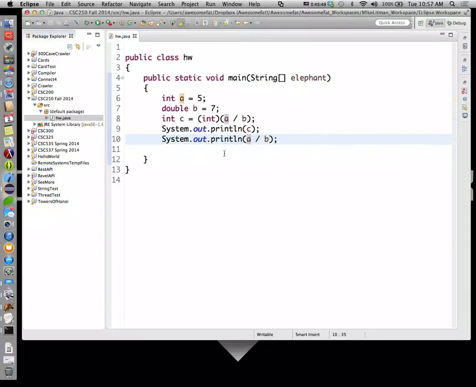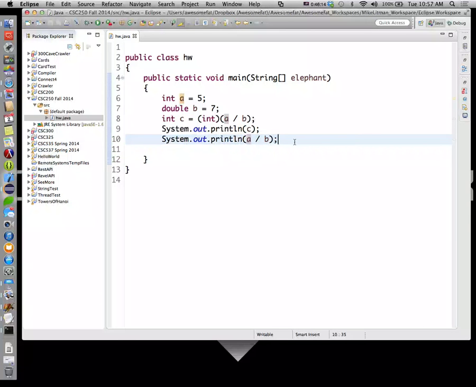So, in long division, what is 5 divided by 7? Well, how many times does 7 go into 5? 0 times. 0 times 7 is 0 with remainder what? 5. Remainder 5. So 5 divided by 7 is 0 remainder 5.